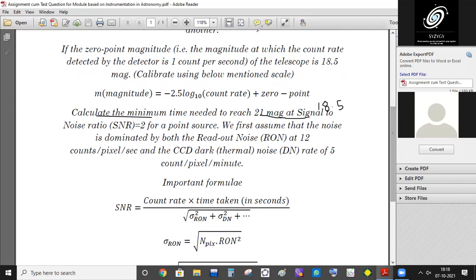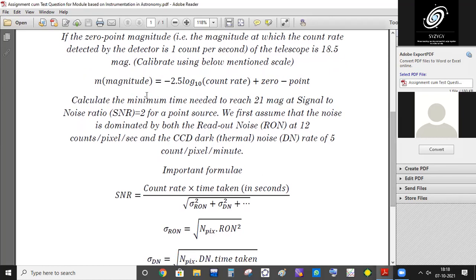So, calculate the minimum time needed to reach 21 magnitude. You need to calculate the minimum time required to reach 21 magnitude at a signal to noise ratio of 2 for a point source.